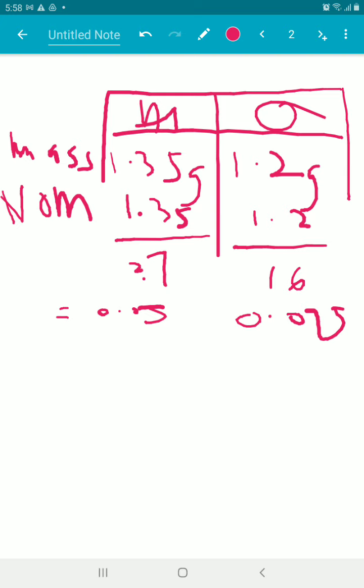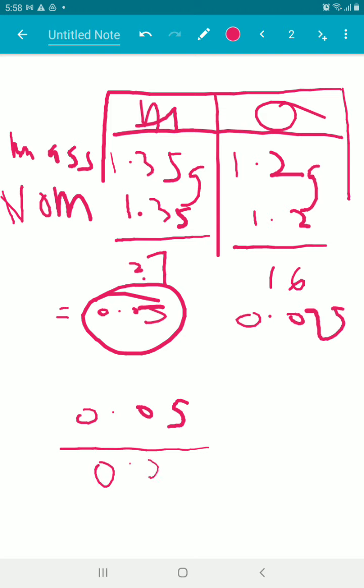You compare 0.05 and 0.075. The smallest number of mole is 0.05. So 0.05 divided by 0.05 gives the simplest number of mole for aluminium.